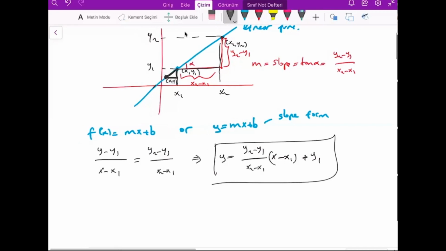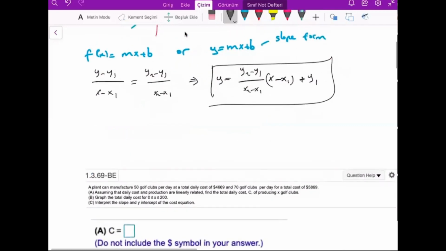So what are the other forms of the line? Maybe I should write in the following form: y equals y0 plus m times (x minus x0). This is slope point form.